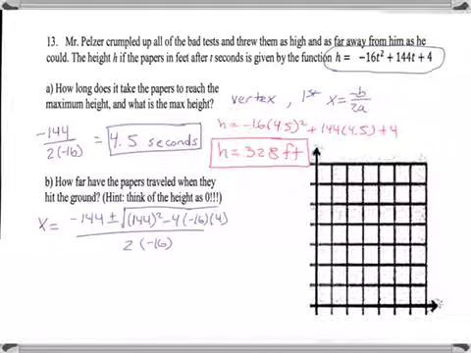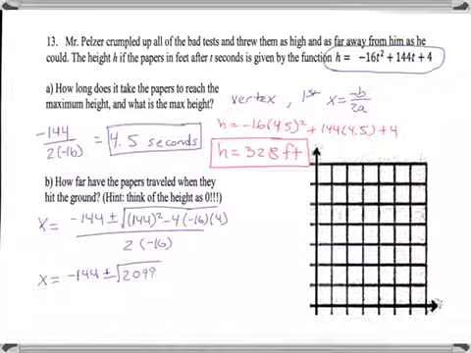As we simplify this, we have negative 144 plus or minus the square root of 20,992 all over negative 32.